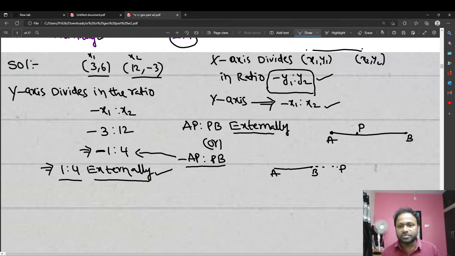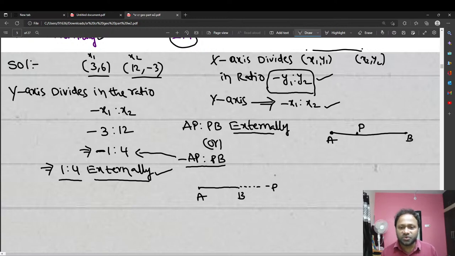So I will write it here so you can see easily. Suppose A and B are two points. This is the line, and the point P is an external point which lies on the line joining AB.